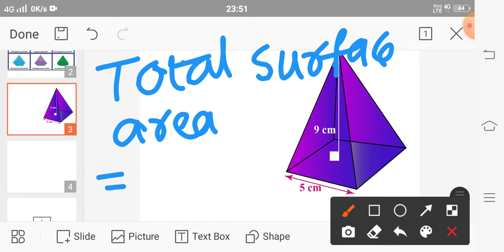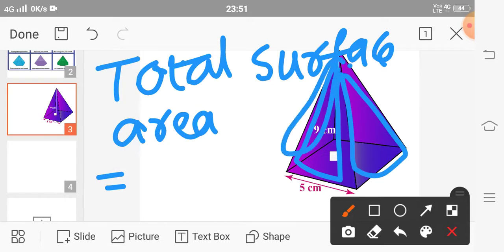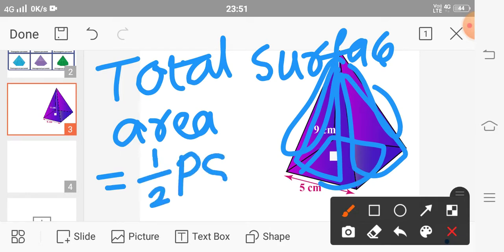Total surface area means this area plus this area, all four triangles' area plus base area. That is called total surface area. All faces' area is called total surface area. So the formula for total surface area is equal to half into PS plus B.